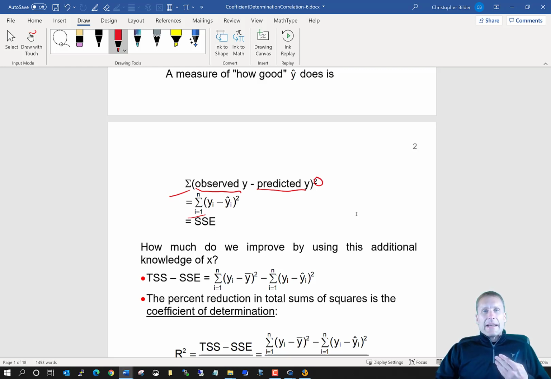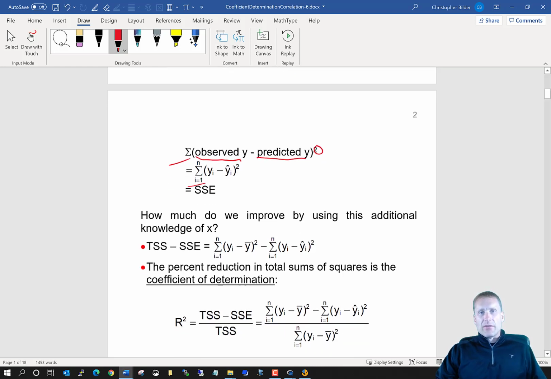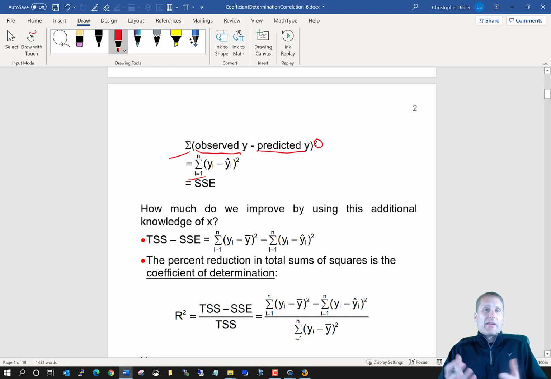And so now as a measurement of improvement when we take x into account, for example high school GPA to predict college GPA, we can take a look at the total sums of squares minus the sum of squares for error, and this is our measurement of overall improvement. As a way to express this numerical quantity in a nice form, we're going to express it as a percentage.